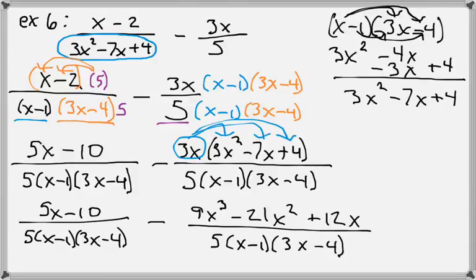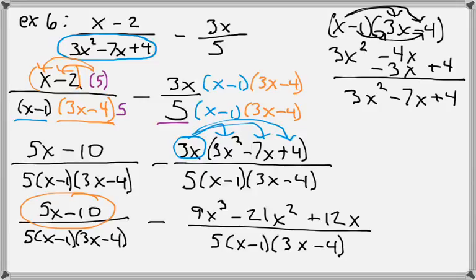So now I have common denominator. I can go ahead and subtract my numerators. So obviously I'm out of space. We're going to have to move on to another screen. So I'm going to take all of this guy. So let's go write him down. A 5x minus 10, and I'm going to subtract all of this guy.